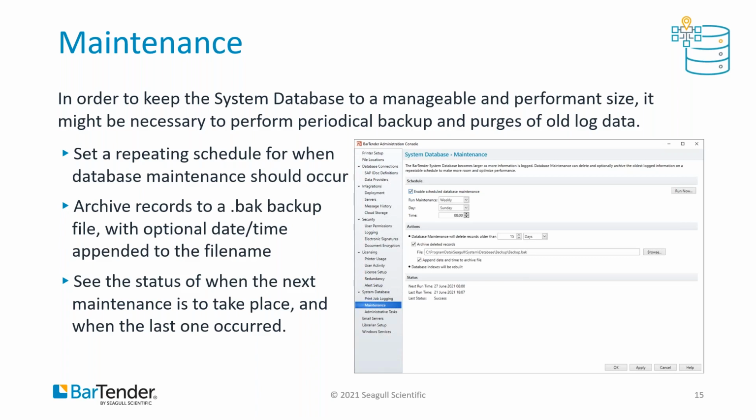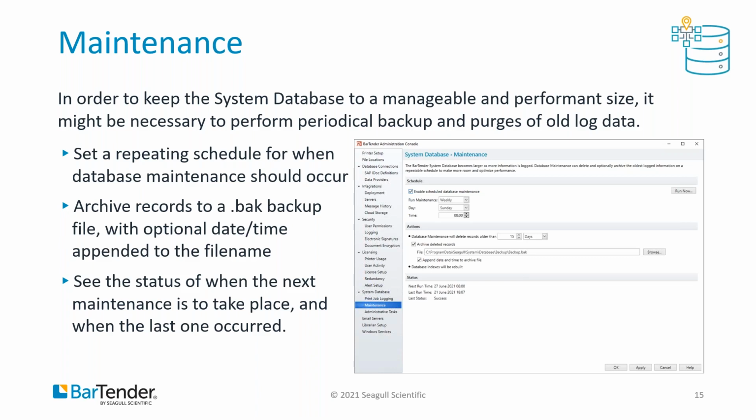As part of the maintenance schedule, you can specify how often the maintenance is to run, for example, daily or weekly, and if so, what day of the week and at what time, and the action to take. So based on how old the records are: what is your archive policy in terms of how old the records have to be before you then archive them?